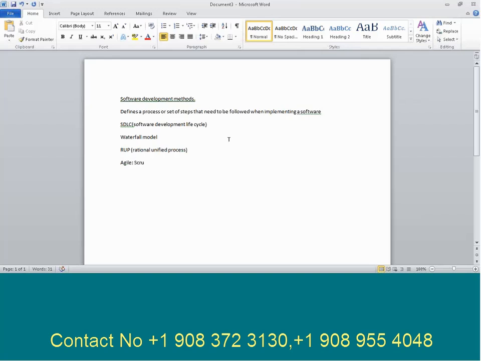Okay, so I repeat, some of the most popular software development methodologies in the market are traditional SDLC, where SDLC stands for Software Development Lifecycle; the waterfall model; and the RUP model, where RUP stands for Rational Unified Process.